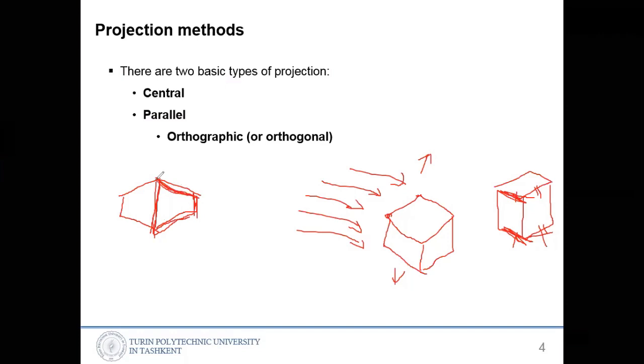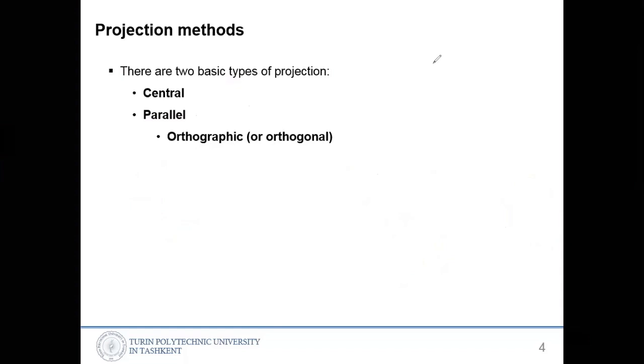So you will see this view instead of that one. This is a central projection, and that one is a parallel projection. Orthographic projection is also a type of parallel projection. We'll see later in the next slides.